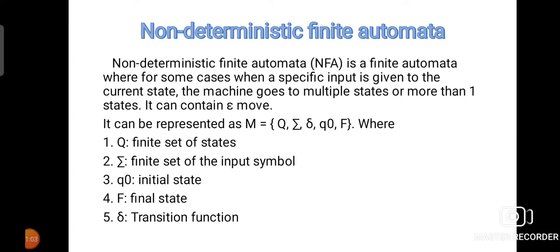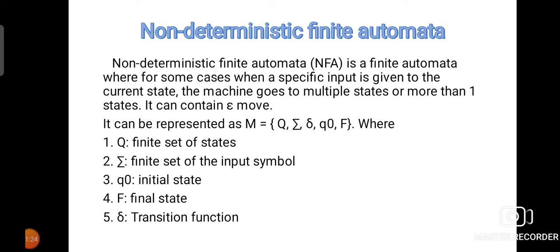That is, from a current state, by applying the specific input symbol, it will produce more than one new state. And another important feature of NFA is that it can make state transitions without consuming any symbol. That is called an epsilon move.